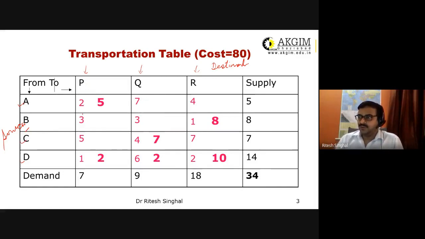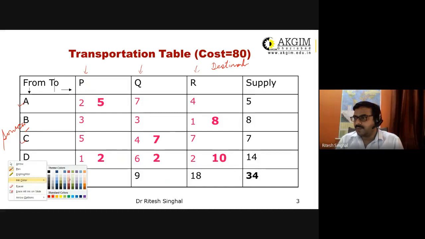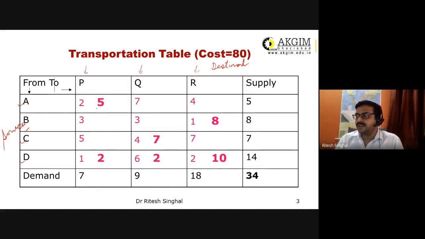These values 2, 3, 5, 1 are nothing but the transportation cost from a particular source to a particular destination. And these values are the quantity transported from a particular source to a particular destination. The sum of these quantities is 34.